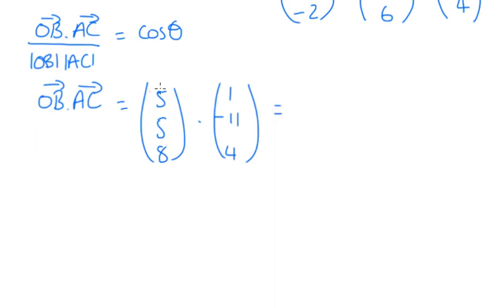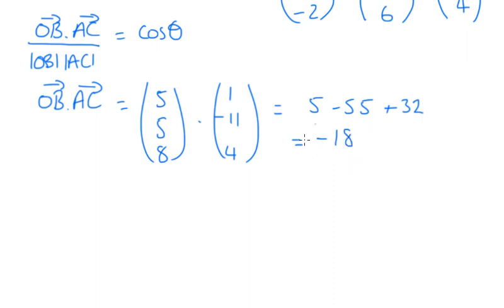So that's going to be 5 times 1, which is 5, plus 5 times minus 11 is minus 55, plus 8 times 4, which is 32. Don't know why I've written 34 there, 32. So 5 minus 55 plus 32 is negative 18.